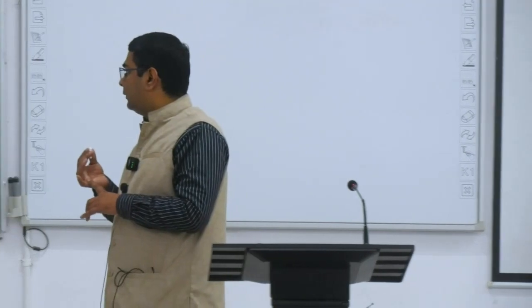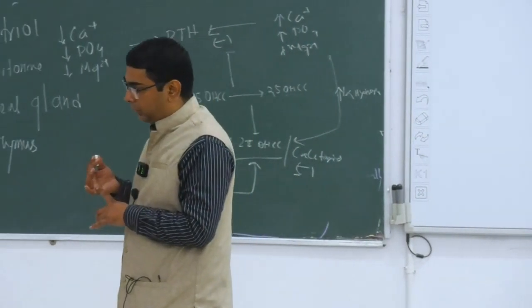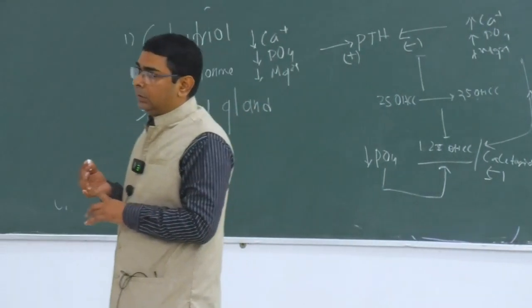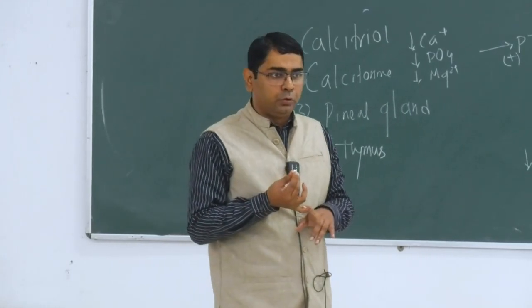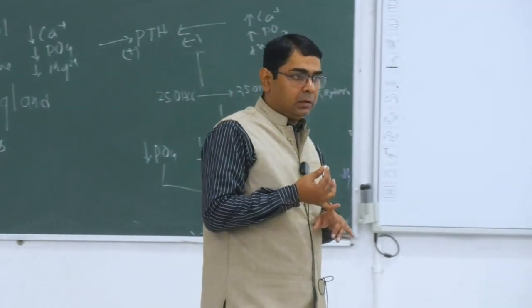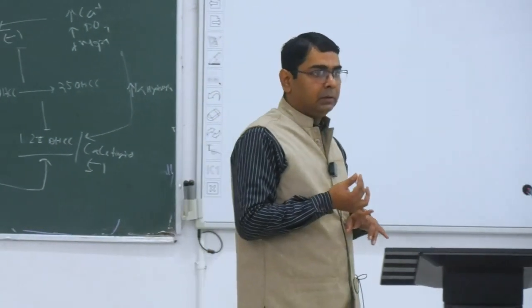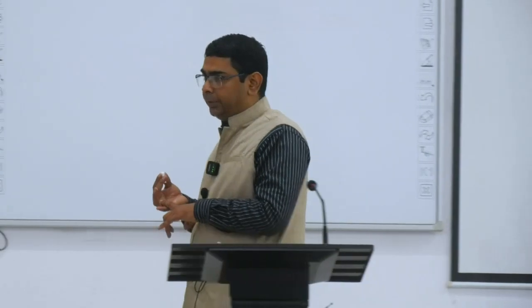Now, if a question on calcitriol comes in the exam, first you write what the source is, where it is produced from, in 3 steps: skin, liver and kidney. 3rd step, how it acts. 4th step, what are their roles. 5th step, how it regulates.